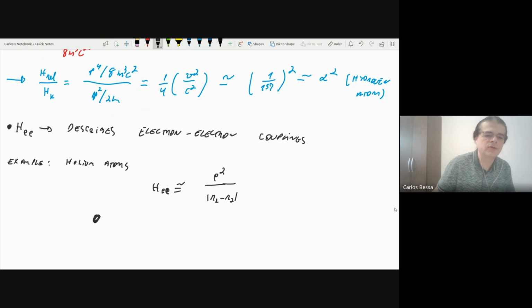So you have something like the nucleus, an electron here, an electron here. So this is r1 minus r2. Okay. But if you are dealing with hydrogen atoms, for instance, there will be only one electron, so we don't need to worry about this.